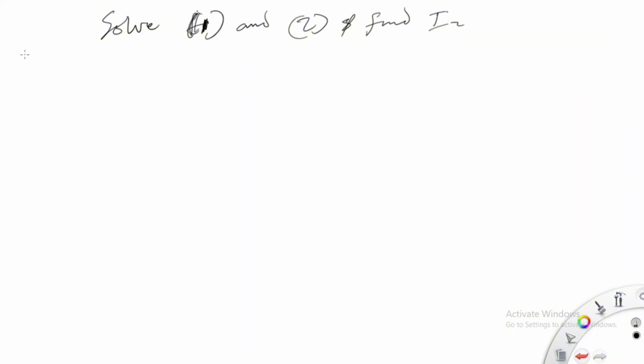So we would say, remember from equation 1, 40 I1 plus 25 I2 is equal to 10.